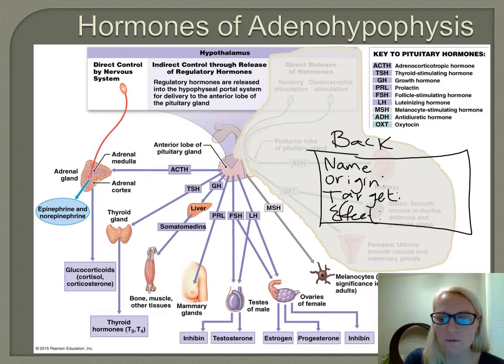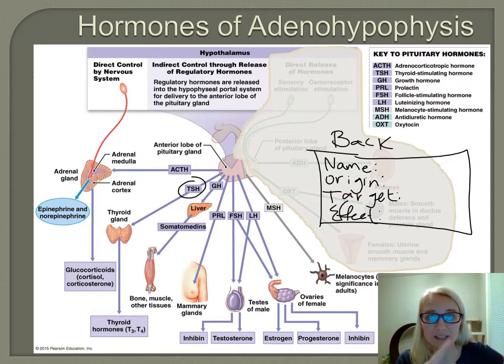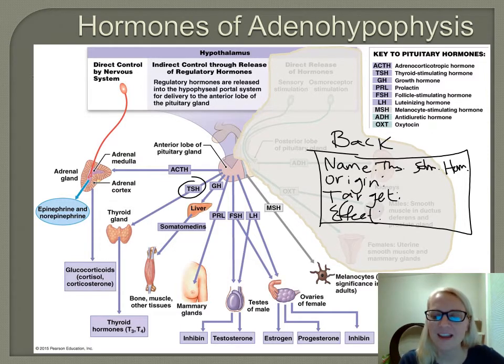Okay, so for example, we'll take TSH. On the front of your card, you would write TSH. On the back of your card, you would write thyroid stimulating hormone, and you would write it all out because you're not having to write on a screen. The origin would be the anterior pituitary. Your target would be the thyroid gland.